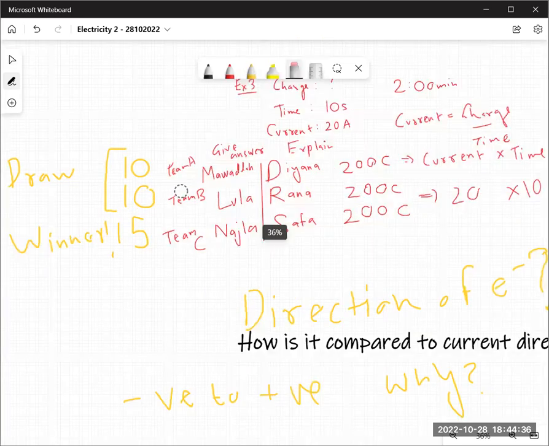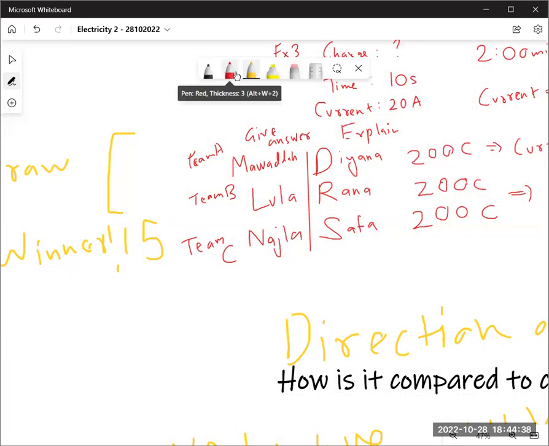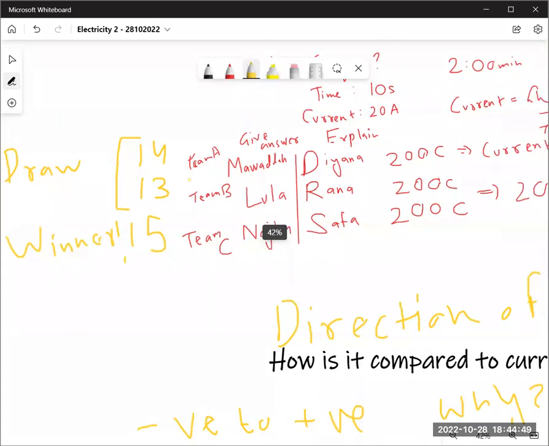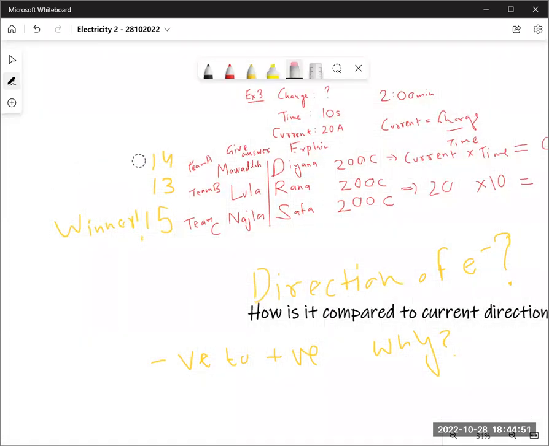You did get the correct answer, but Mavadda and Diana win by 1 point because they got it quicker. This is 14, these guys 13. So we have the winner, second place, and a little below second place.